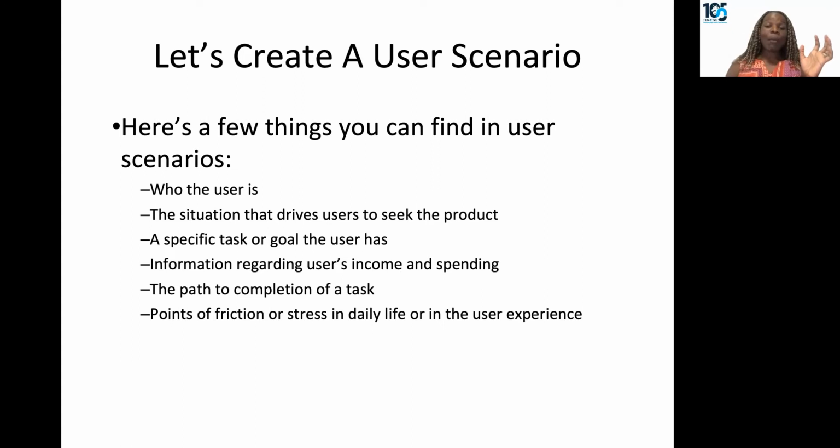But the catch is we have to collectively make sure our story reflects all these pieces. Who the user is, the situation that drives the user to seek the product, the task or goal the user has, information regarding the user's income and spending, the path to completion of a task, and points of friction in the daily life in the user experience.